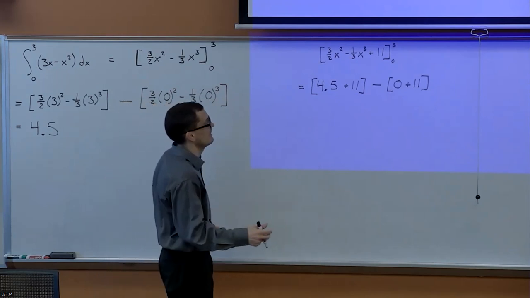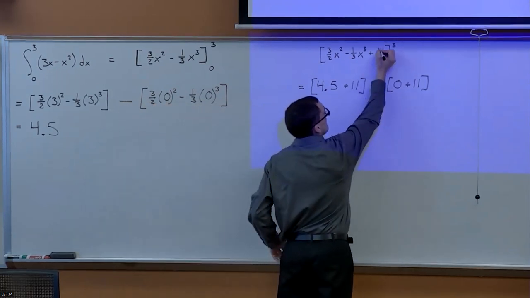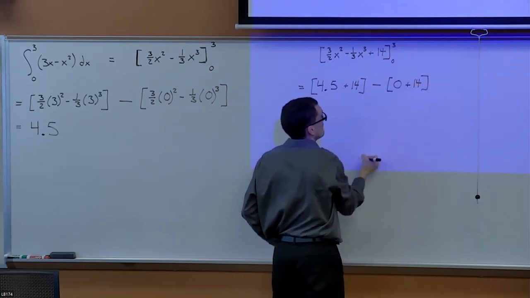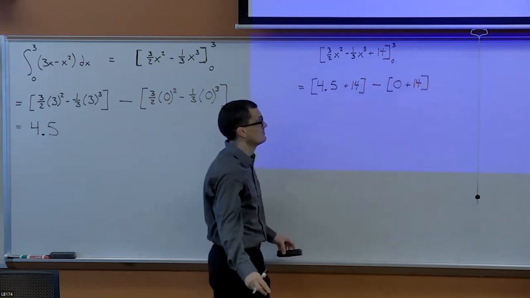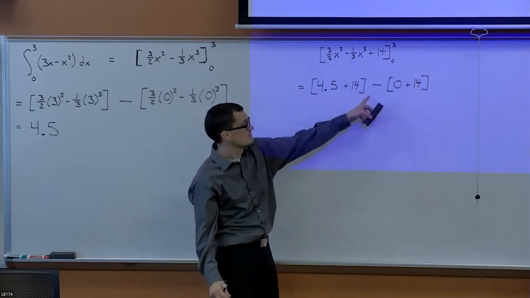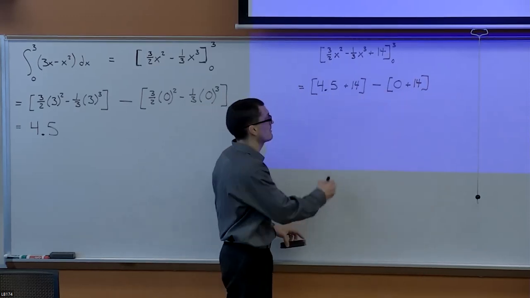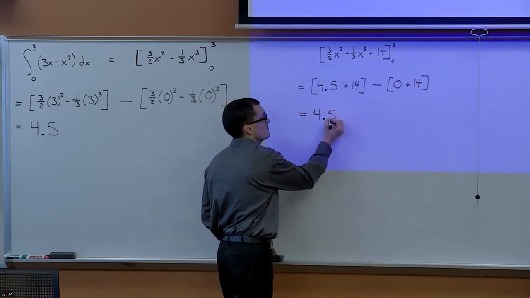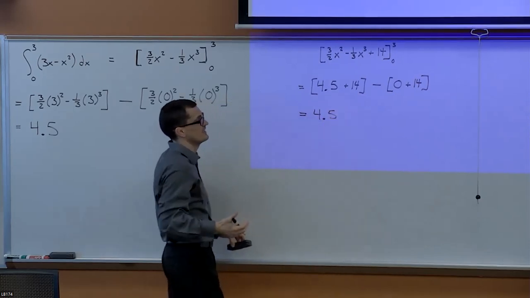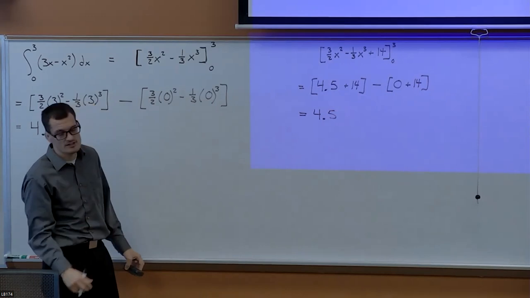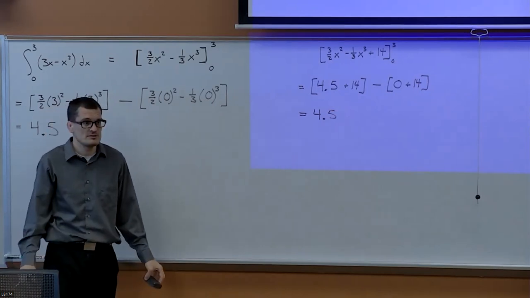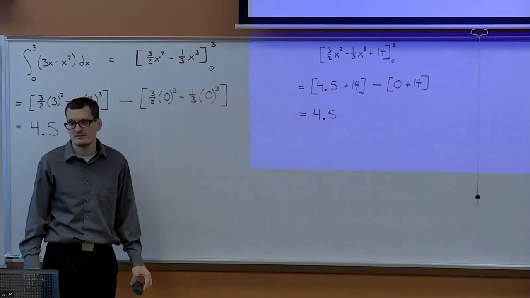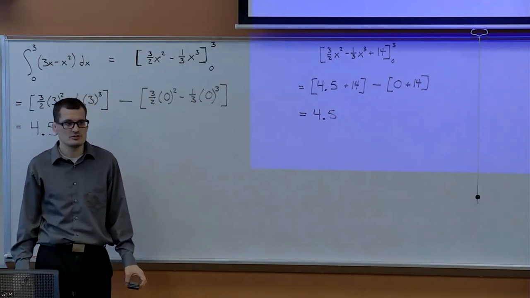Let's say I chose 14: 4.5 plus 14 there, subtract 14 over there, you're ending up with 4.5 again. So whether it was 11 or 14 or 168 or negative 672, it's all the same, right? You're gonna end up with 4.5, no matter which constant you choose.